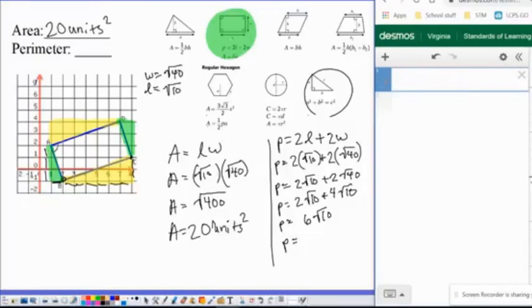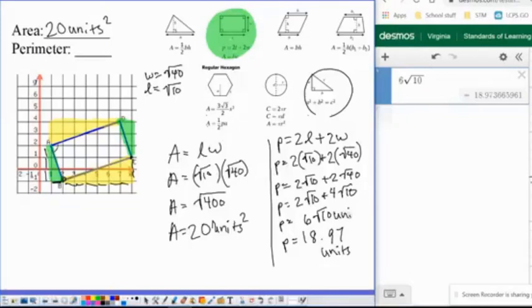And if you type that in, if you want an approximation, then 6 times the square root of 10 is 18.97, and then I have a 3 that got cut off, therefore the 7 does not get bumped up to an 8. Now I could have just put in the 2 times the square root of 10 plus 2 times the square root of 40.